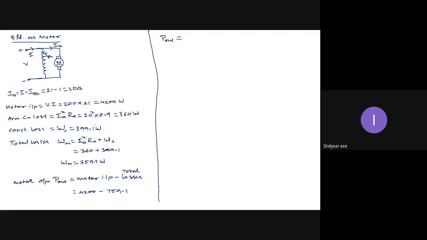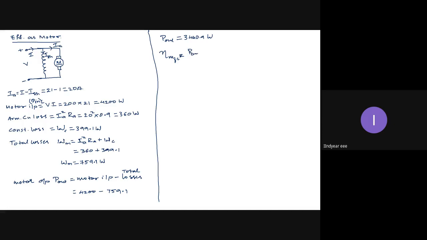Let me call this motor input as P in. So P out is 3440.9 watts.